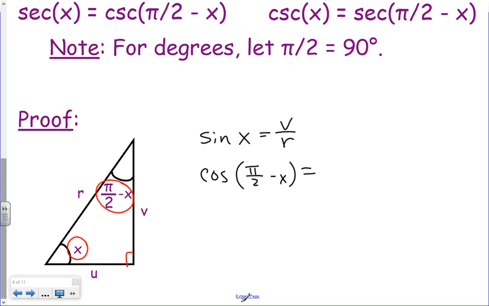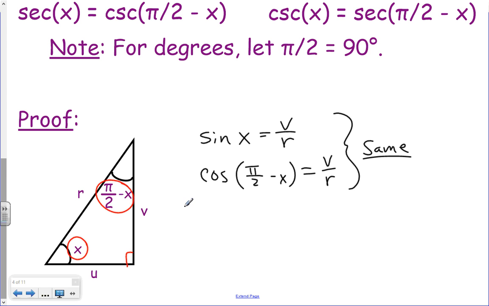And now when I take cosine, of course, is the adjacent over hypotenuse. When I take the adjacent side, that's v over r. And notice we get the exact same thing here, v over r in both those cases. So that means sine of x and the cosine of pi over 2 minus x must be the same thing.